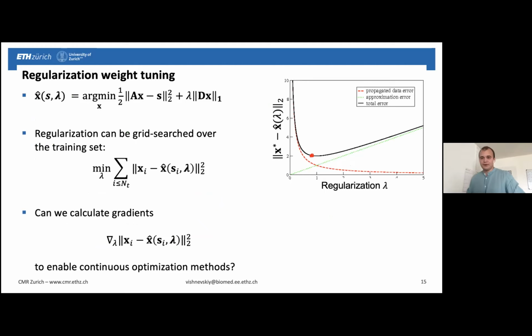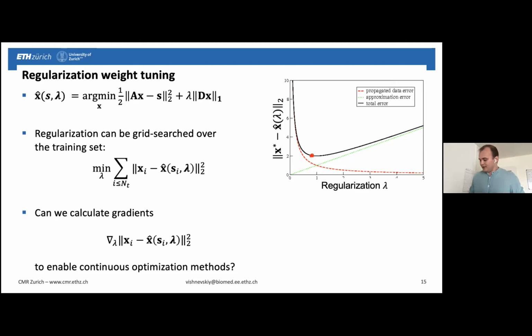In practice, if you implement one of the reconstruction algorithms, you tune this regularization parameter by, for example, if you have a couple of, we can call them training images, or simulated images where you know the ground truth, you can just grid search the value of the regularization parameter and pick the best one, right? So it's already posed as a learning problem.